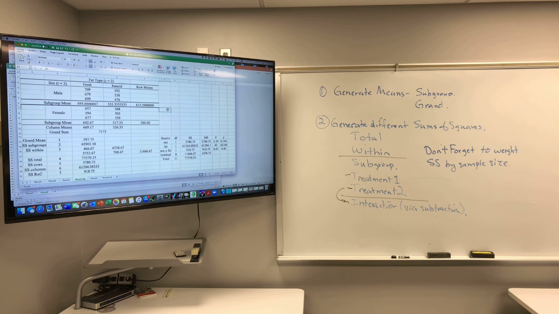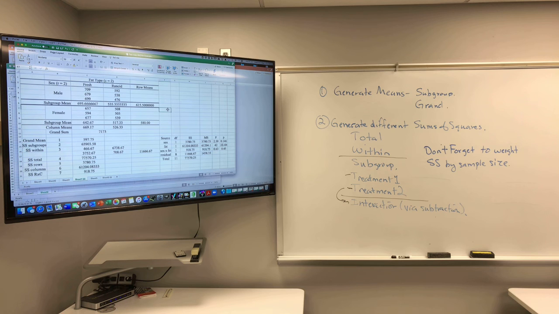And then subgroup means are this mean minus the grand mean squared, times that mean minus the grand mean squared, and so on: that minus grand mean squared, that minus grand mean squared, that minus grand mean squared, all multiplied times 3 because you have 3 observations making each of those comparisons. So the subgroups are squared. Yep.